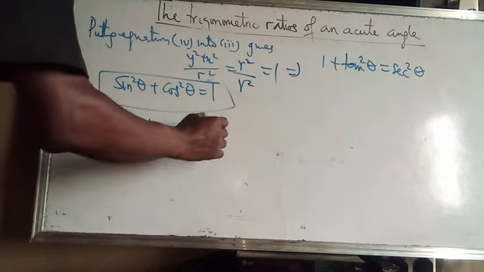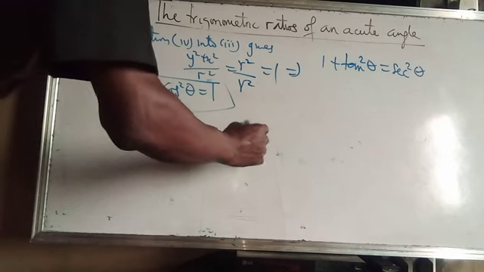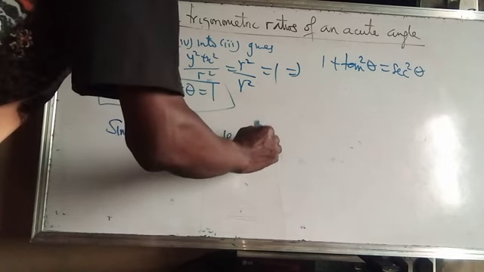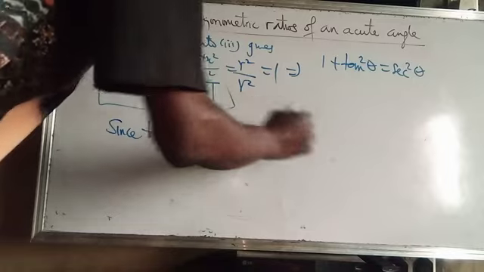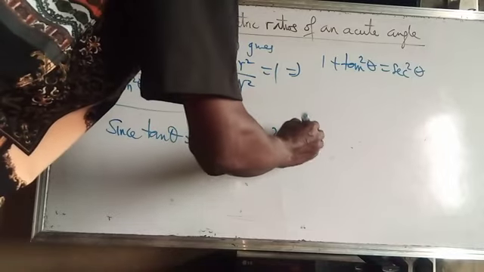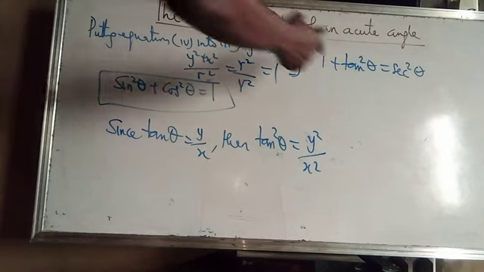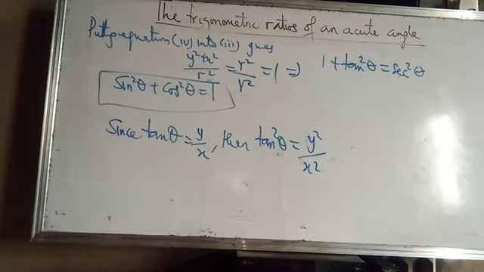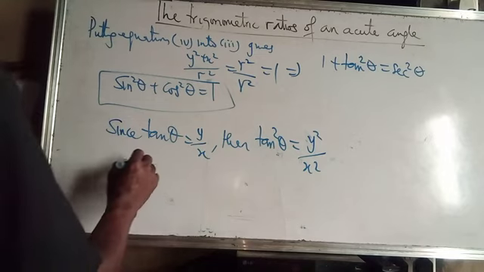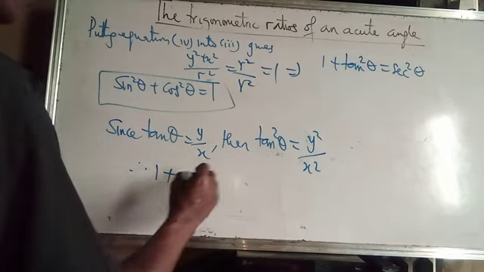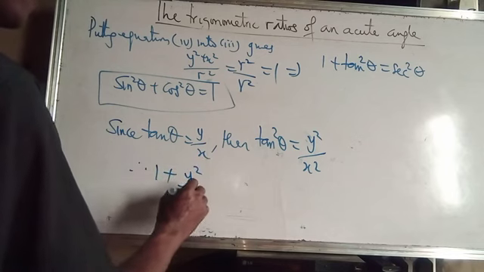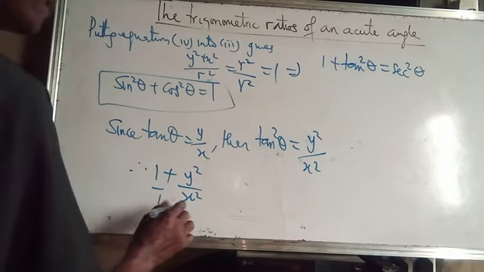So tan squared theta will be the square of this, y squared over x squared. Checking 1 plus tan squared theta equals sec squared theta, therefore 1 plus y squared over x squared. Let's find out what it will give us.